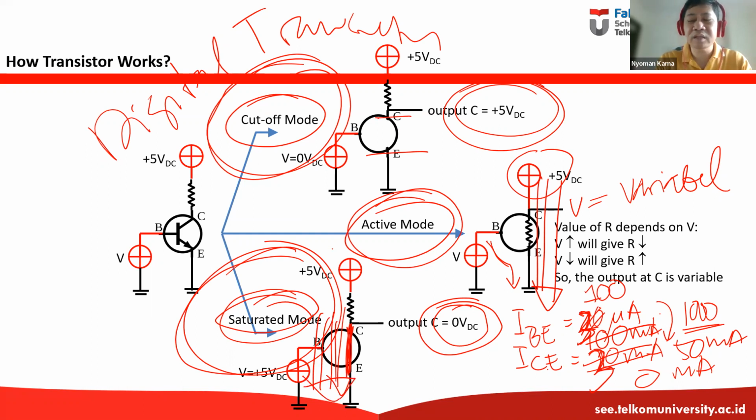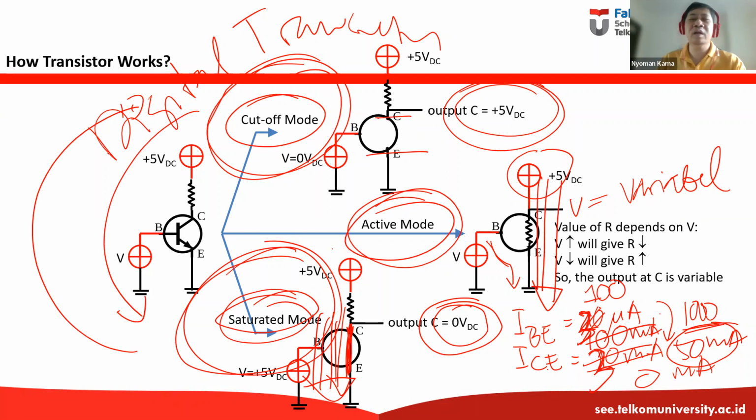That will make the transistor very hot because it works at a maximum of 50 milliampere. And the second problem is speed. Moving from cutoff to saturated mode or from saturated to cutoff will take a lot of time if we use the BJT.